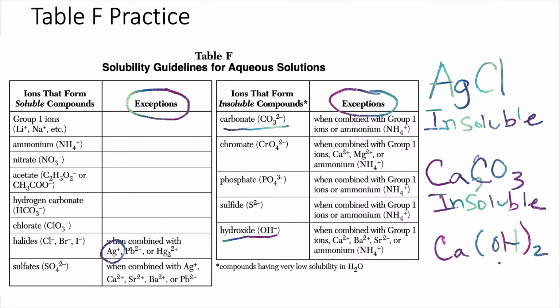But when it's combined with calcium, that's an exception, which makes it the opposite, and it will make it soluble. So just to recap, if something is insoluble but is combined with an exception, then it's going to make it soluble. If something is soluble but then combined with something that's an exception, then it's going to make it insoluble. And that's how this table works.